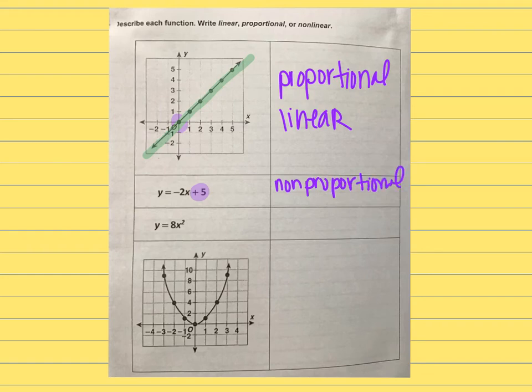It's not proportional because the y-intercept is a 5. And then the other thing that I'm looking at, it is going to be linear because it just has the variable with no exponent.